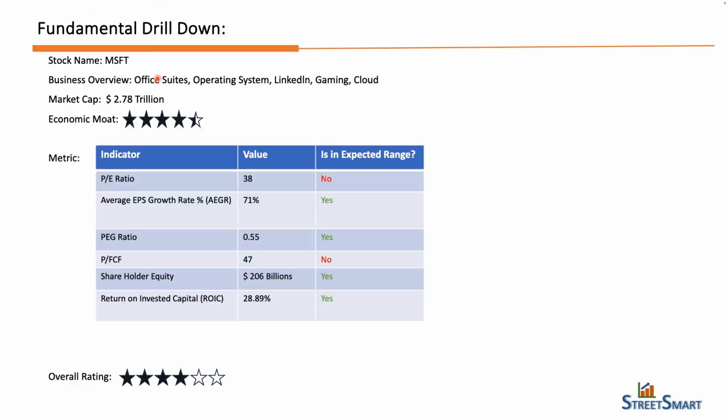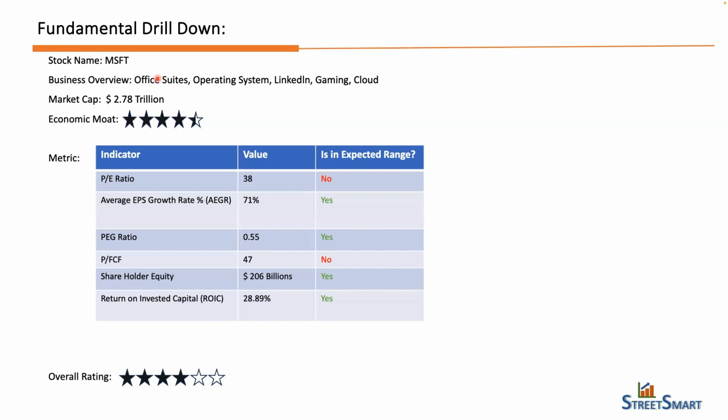As we see, the stock name is MSFT, and for the business overview, we all know that Microsoft provides the Office 365 solution, which includes Excel, Word, Outlook, etc., mainly used by very many corporate companies.